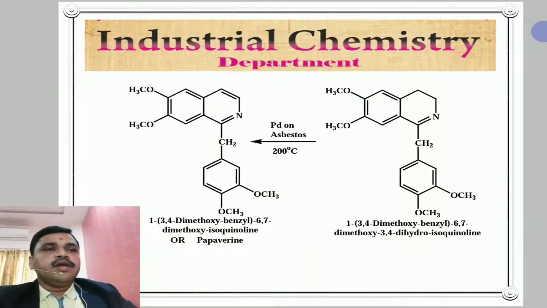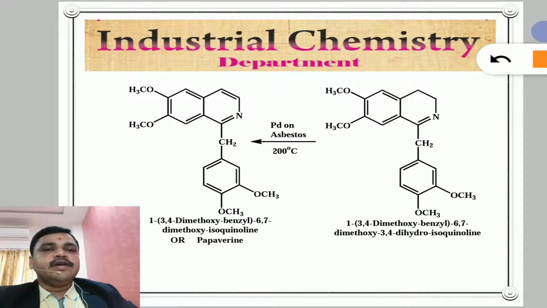This 1-(3,4-dimethoxybenzyl)-6,7-dimethoxy-3,4-dihydroisoquinoline is treated at 200 degrees Celsius in presence of palladium on asbestos.